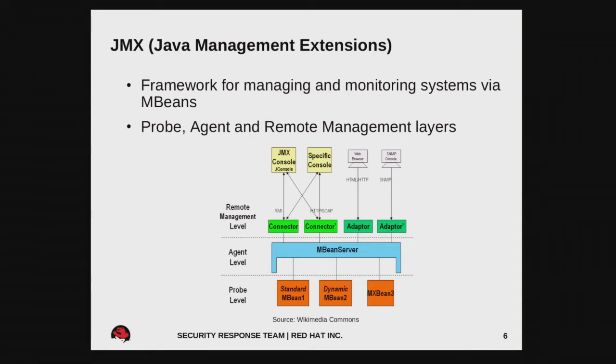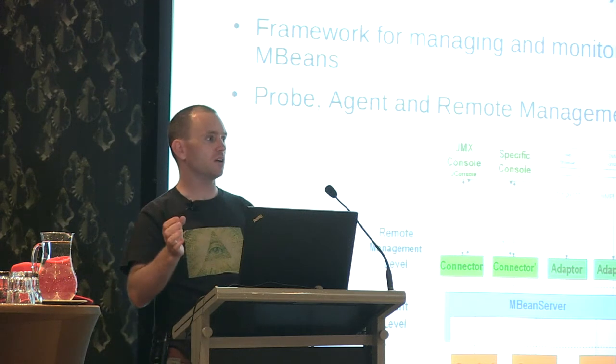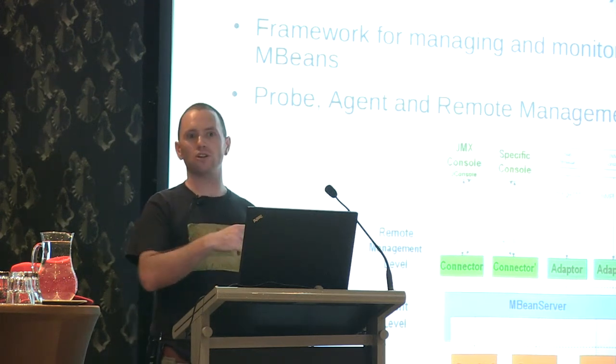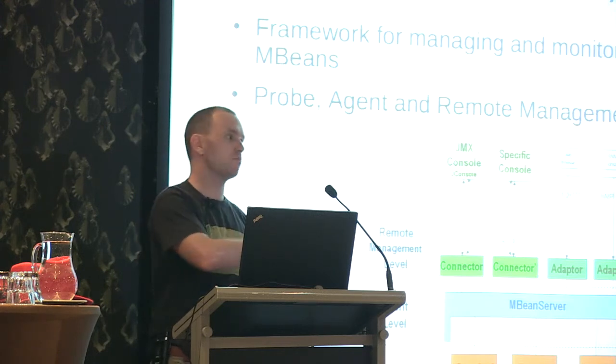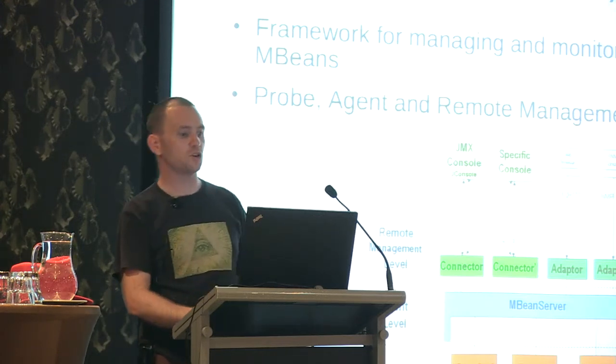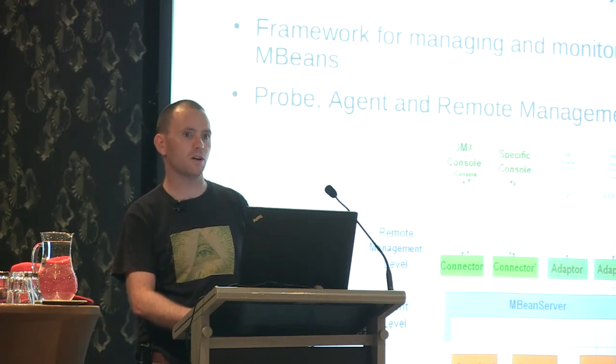So from a security perspective, if you can do that, you can effectively execute arbitrary code. Because a lot of managed beans inherit from some Java class, which allows you to do some reflection, which allows you to instantiate an instance of the JVM, which allows you to... So if you can use the JMX console, you can effectively execute remote code.